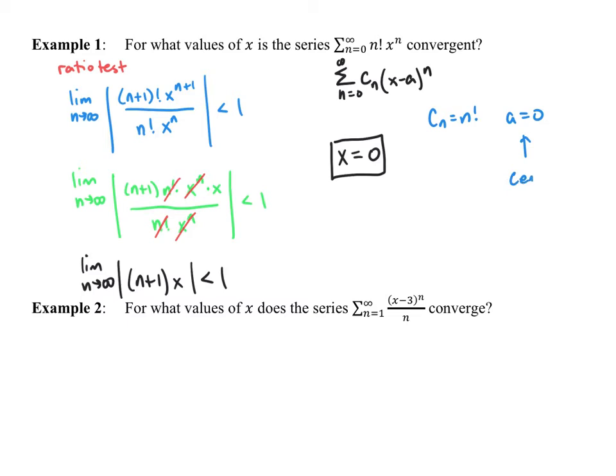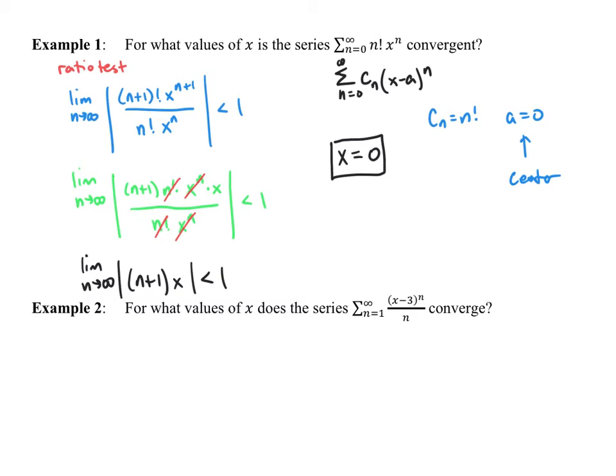So remember, in this case, if we have x equal to a, or x is equal to the center, we know it's going to be convergent at a minimum. In this case, that is the only value for which it converges, because if x is anything else, then the limit of this will be much larger than 1, because n is going to infinity.